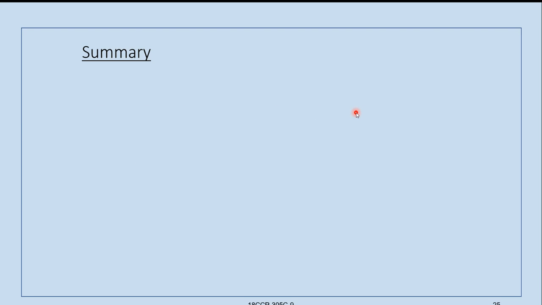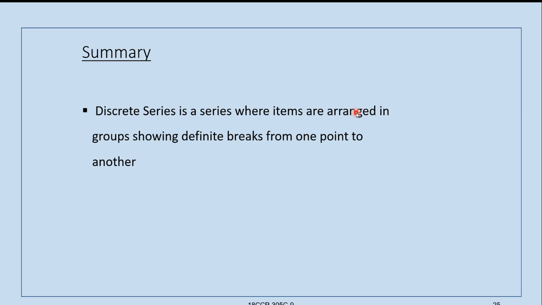Now we will go to the summary. We have seen discrete series in this lesson. The discrete series is a series where items are arranged in groups showing definite breaks from one point to another.